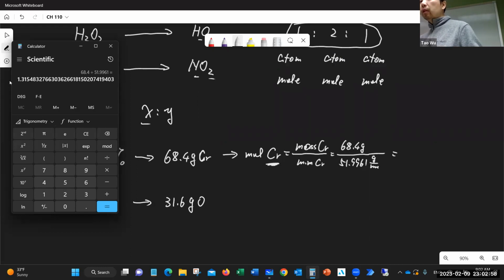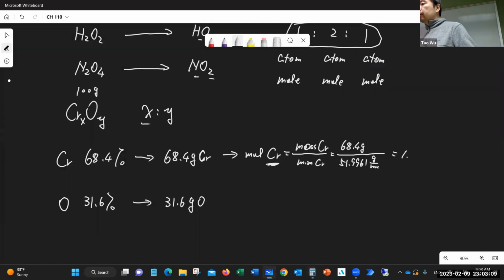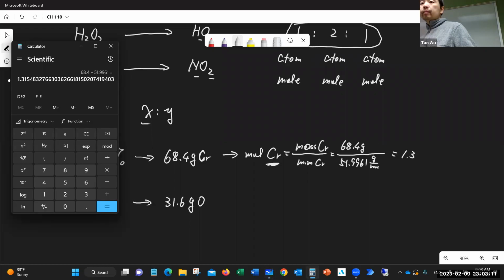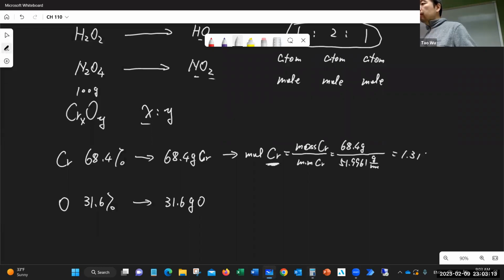If you keep the number short, then sometimes you will get a weird number. Okay, so keep 4 decimals: 1.3155. And this is mole of the chromium.